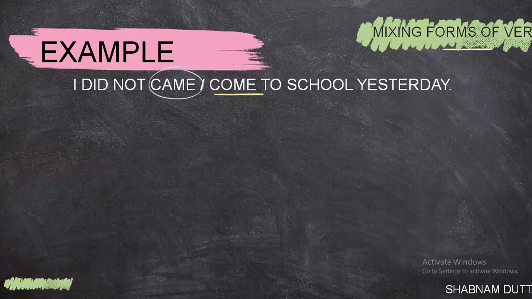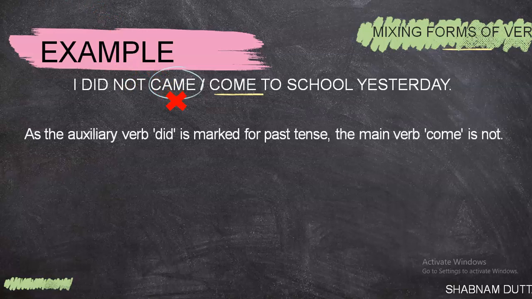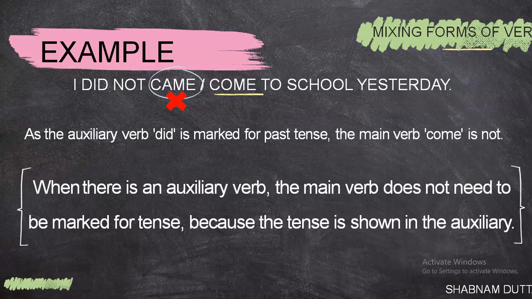The right answer would be "come" because the auxiliary verb "did" is marked for past tense already. Okay, but the main verb is not; it appears in its same form. Now, a helpful way to remember this is that when there is an auxiliary verb, the main verb does not need to be marked for tense because the tense is already shown in the auxiliary. Remember, this is very important.